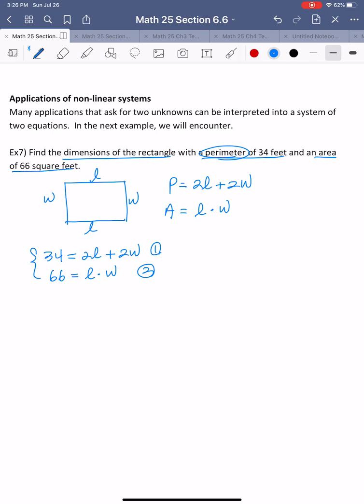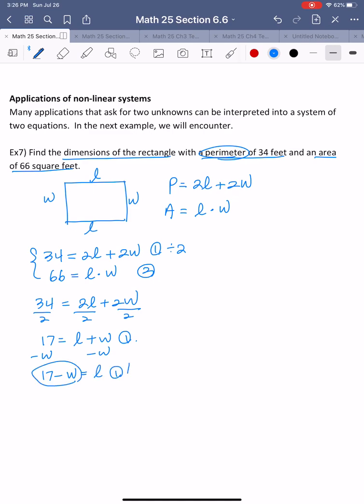So equation 1, I think I want to divide by 2. So 34 equal to 2L plus 2W. I'm going to divide by 2 on both sides. Then I get 17 equal to L plus W, equation 1. And then I'm going to solve for L or W. So let's subtract W from both sides. So 17 minus W equal to L, which is 1 prime.